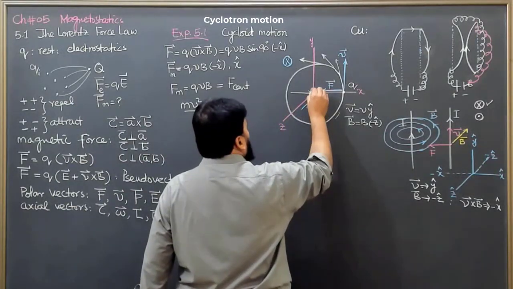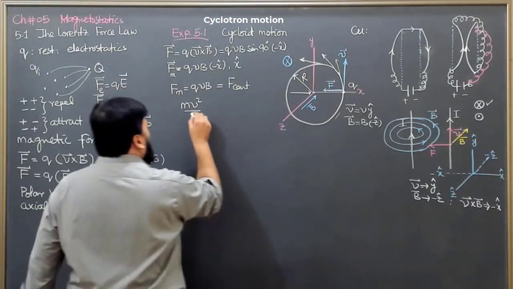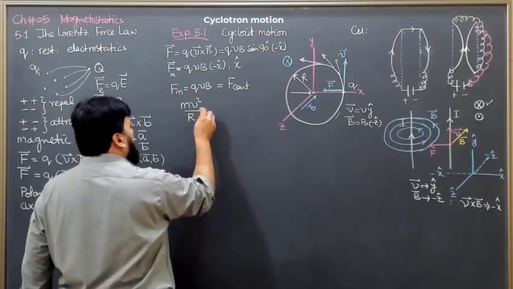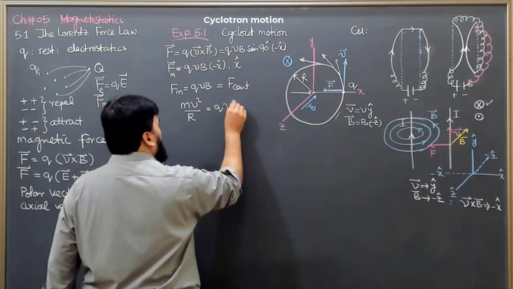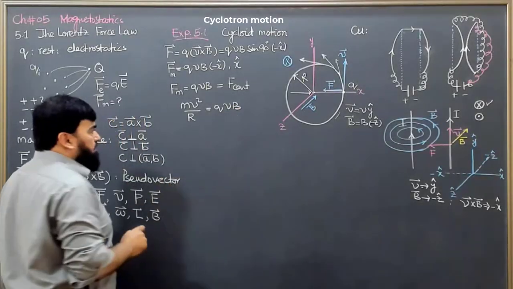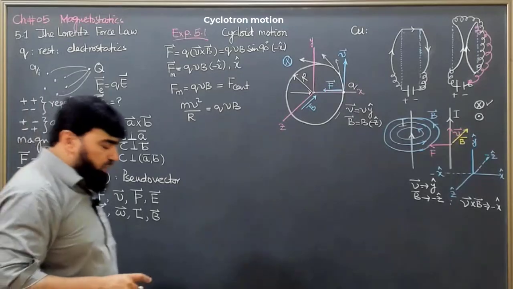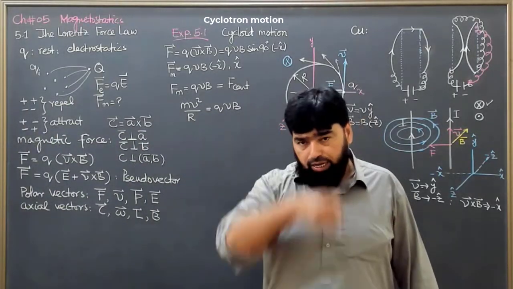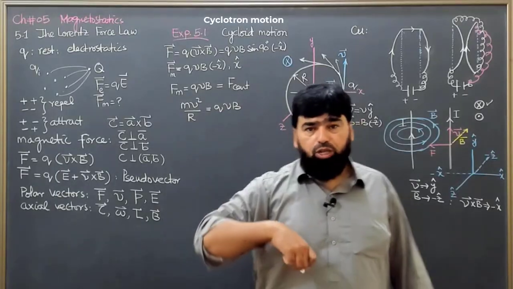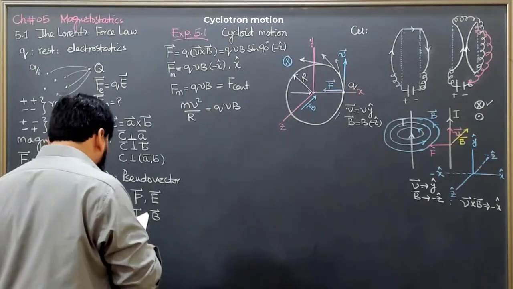So if, for example, the radius of this circle is r, then we have mv squared over r equals qvB. So both the forces will balance each other and the particle will be going exactly in a circle following a circular motion.